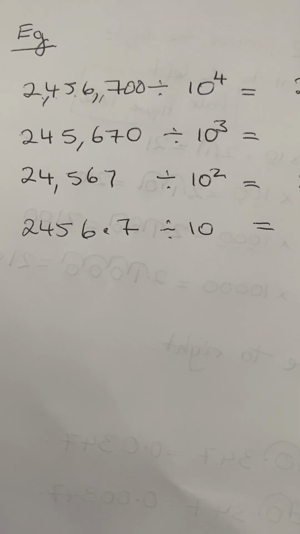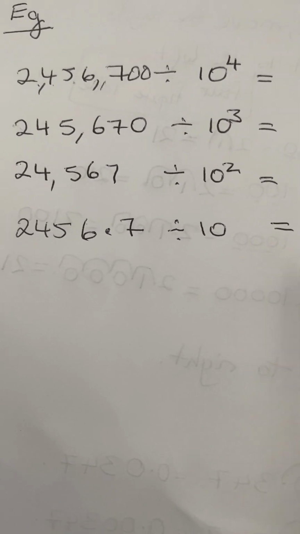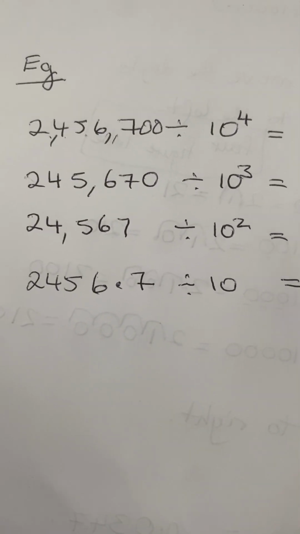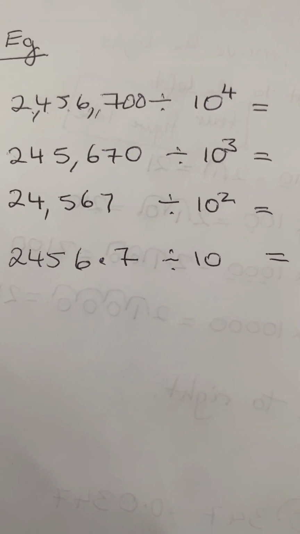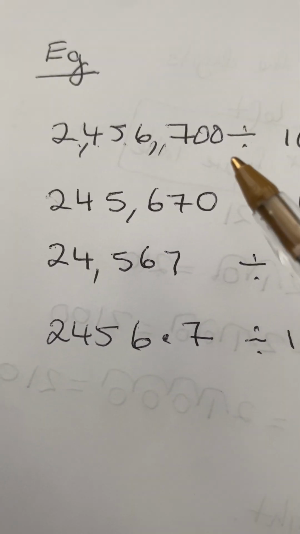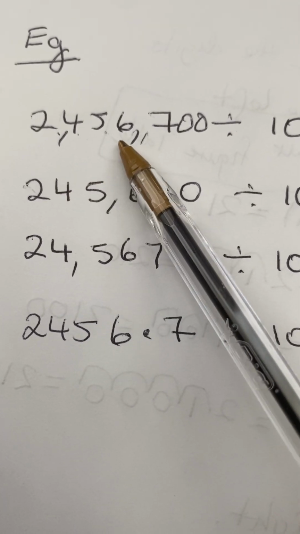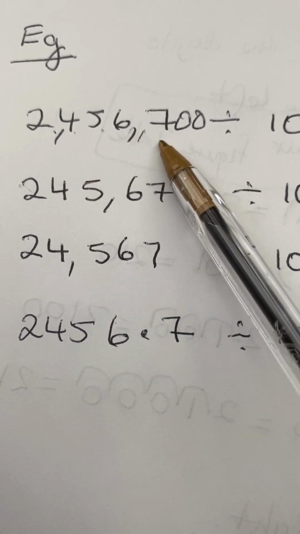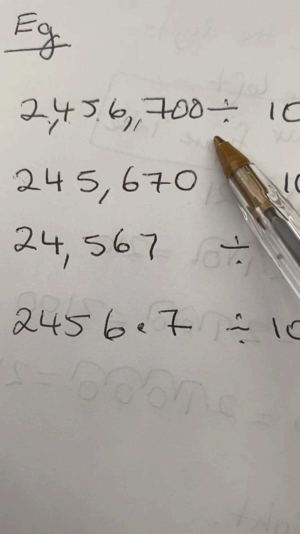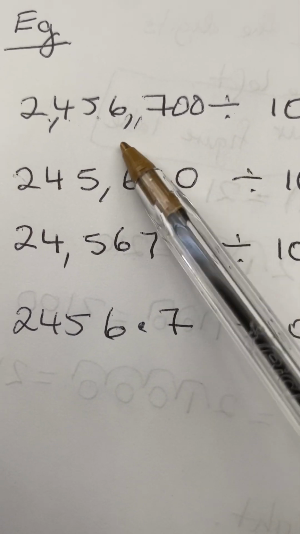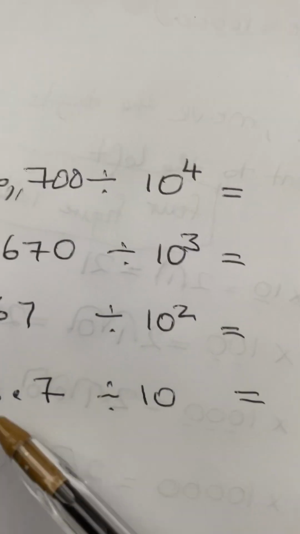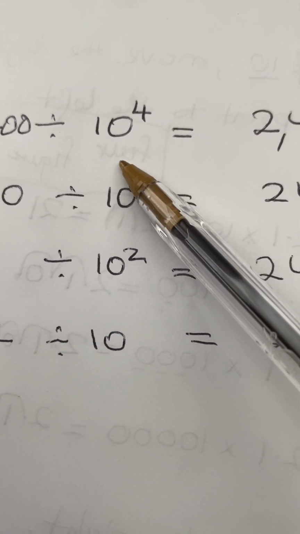Now, another example is the division. So the example I just used, I'm going to use that and do it in reverse. Okay. So I have 2456,700, which is a whole number. But what I want to show you is that at the end we are going to see decimals, divided by 10 to the power 4.